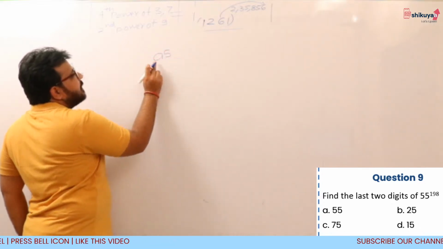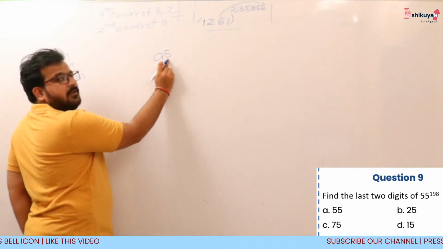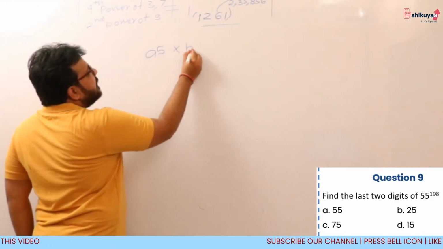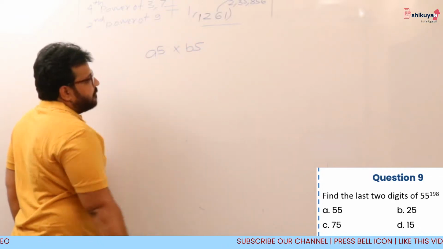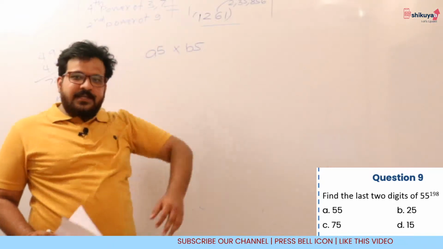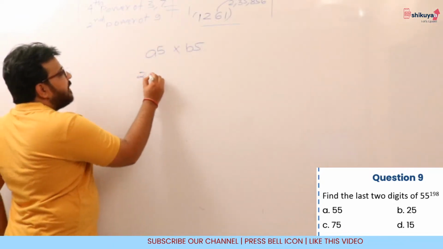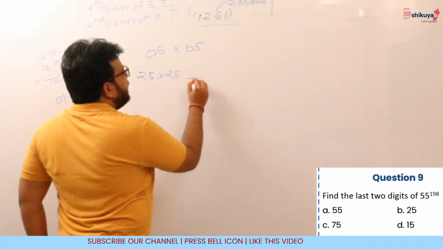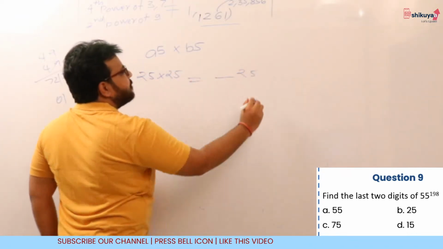Any number ending in 5, when multiplied with another number which is ending in 5, this property is fundamentally based on this one. So when I say 25 into 25, you will come and say that this is ending always in 25.